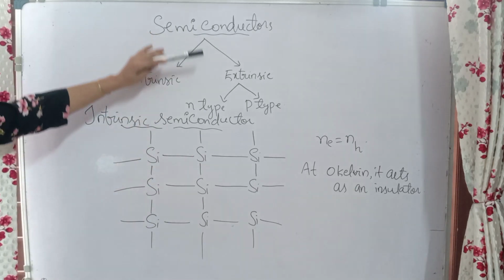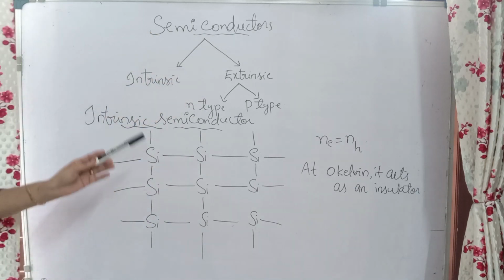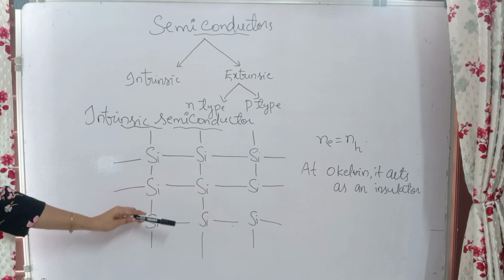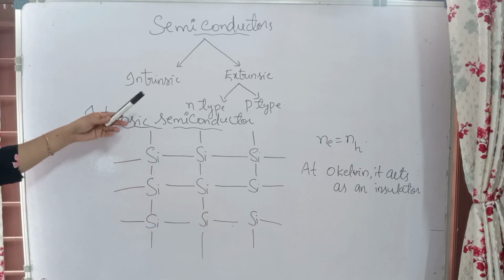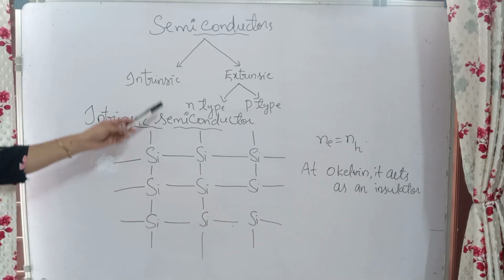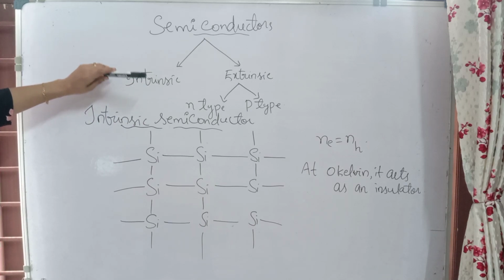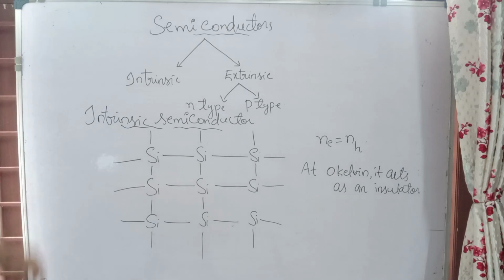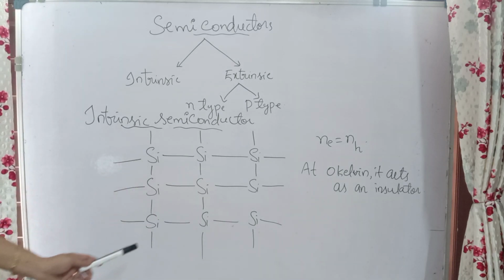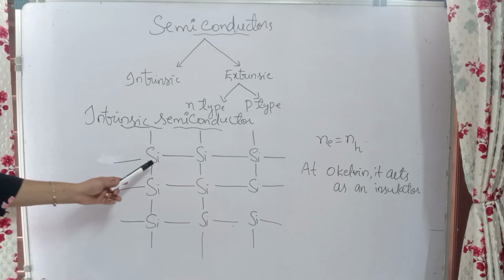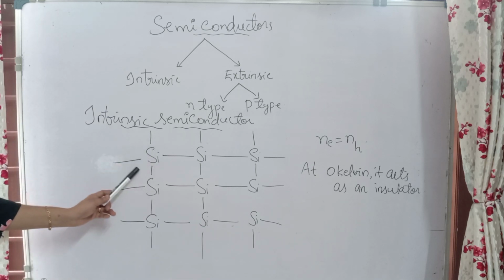Just understand these facts, these are very important, and we have to understand the concept clearly, then it will be easy to study. Here we are talking about intrinsic semiconductors, that means pure semiconductors. We can consider a silicon crystal.